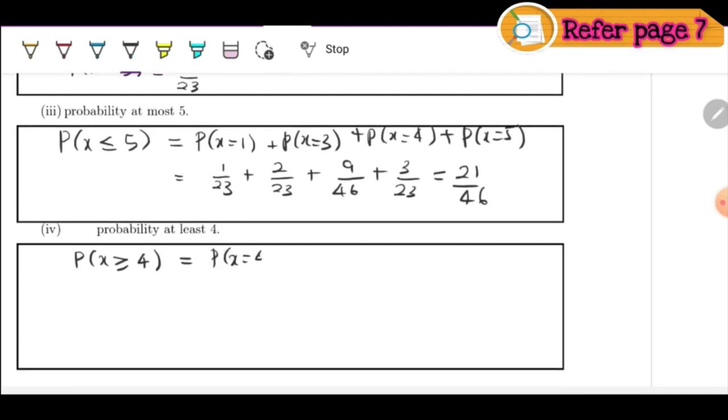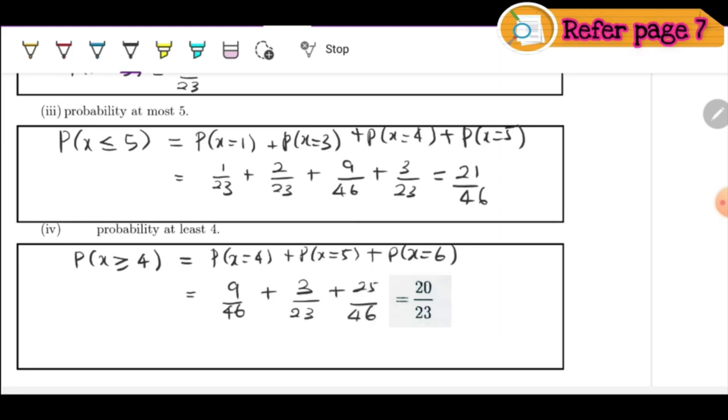So P(x equals 4) plus P(x equals 5) plus P(x equals 6). The probability when x equals 4 is 9 over 46. When x equals 5, the probability is 3 over 23. When x equals 6, the probability is 25 over 46.